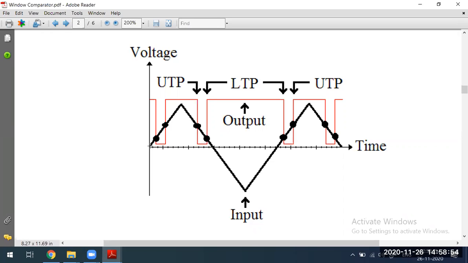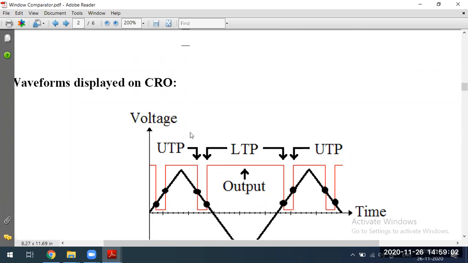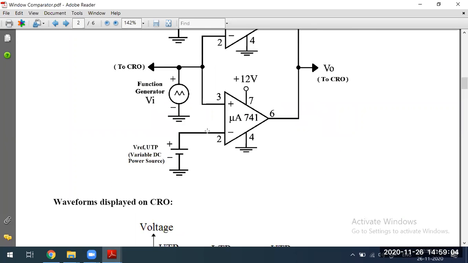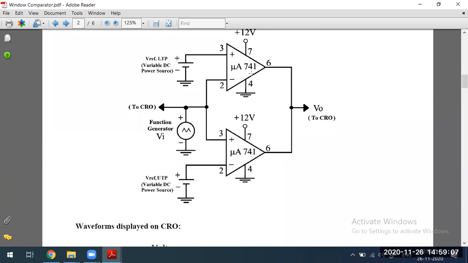That is an input to the window comparator, which has been designed using op-amps. This is how you are going to connect. Don't worry, it looks complex, but we have used two operational amplifiers, and we are going to give one input. This is the input side, this is the output side. Whenever we want to give the input, there will not be a digital display to enter 2, 3, 4, 5.